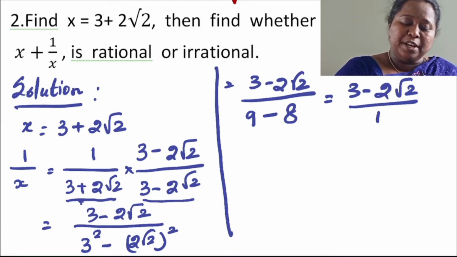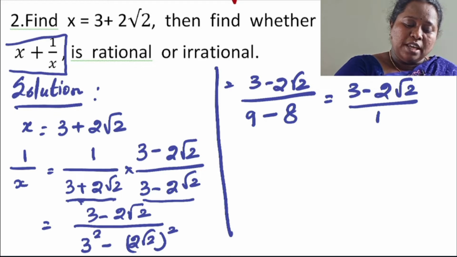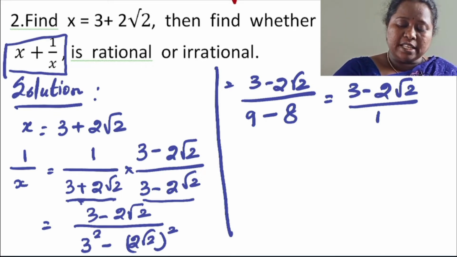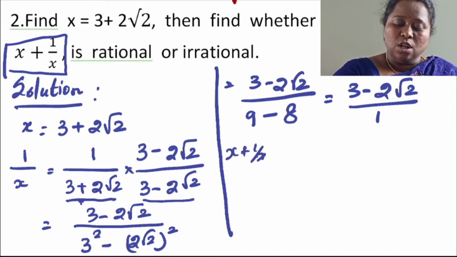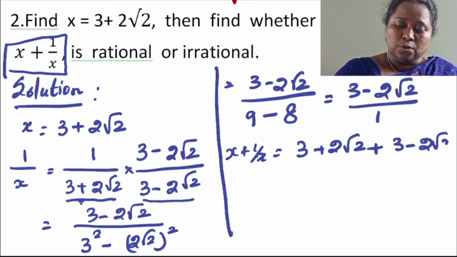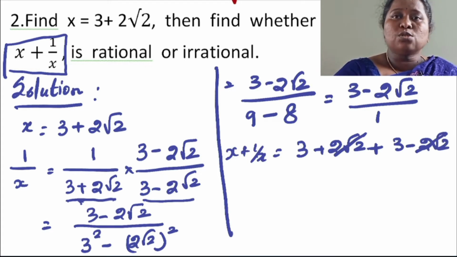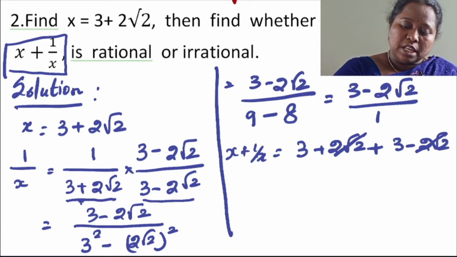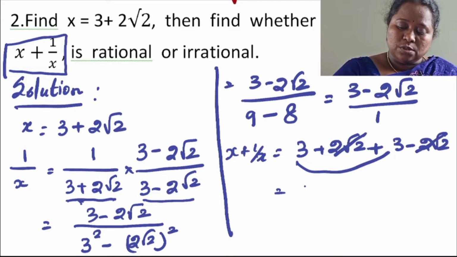Now I have to find out x plus 1 by x. x is 3 plus 2 root 2, plus 3 minus 2 root 2. So here minus 2 root 2 plus 2 root 2 will be getting cancelled. So 3 plus 3 is equal to 6.